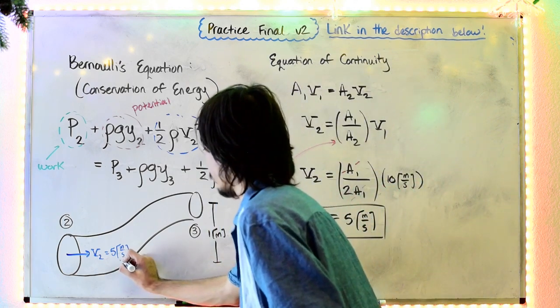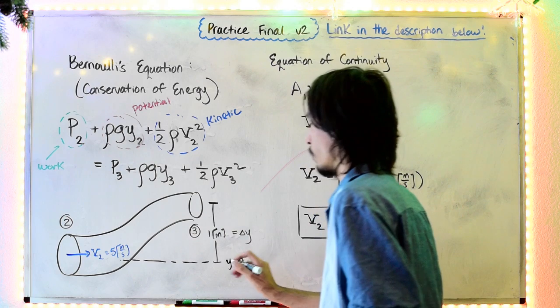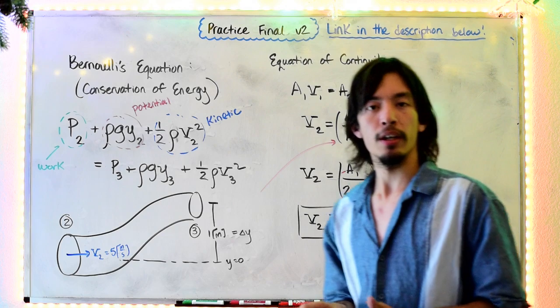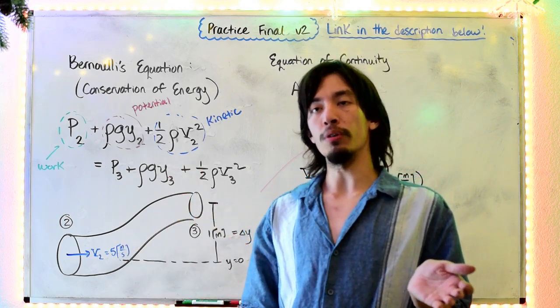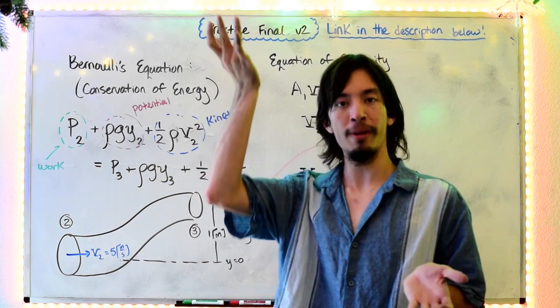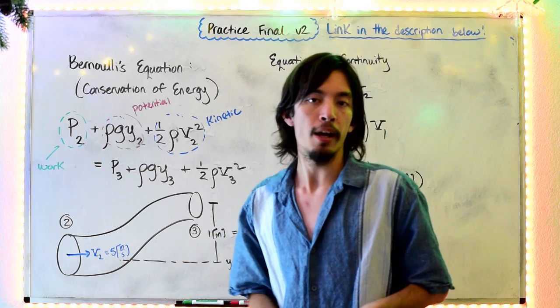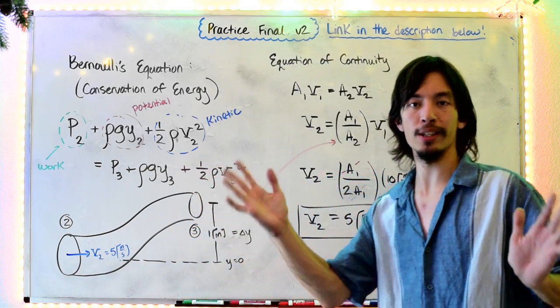We're going to treat the bottom level as y equals 0 down here. The other thing is that the situation on both ends, other than you increasing its potential energy by raising it up, the pressure stays the same. Both ends have the same atmospheric conditions and the same depth. The pressure on both ends is the same.